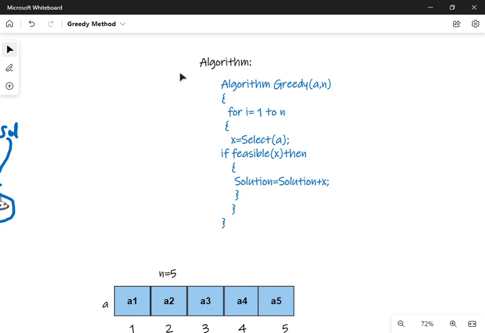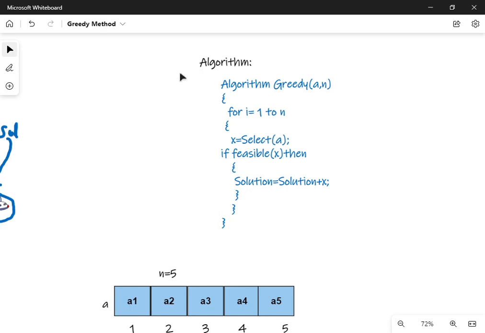By including all feasible inputs, we will get an optimal solution. Let me tell you one thing. Why do we use the greedy method? We use the greedy method to solve optimization problems. There are two other methods also to solve optimization problems, which are dynamic programming and branch and bound. And the third method is the greedy method. Today we'll discuss only the greedy method.